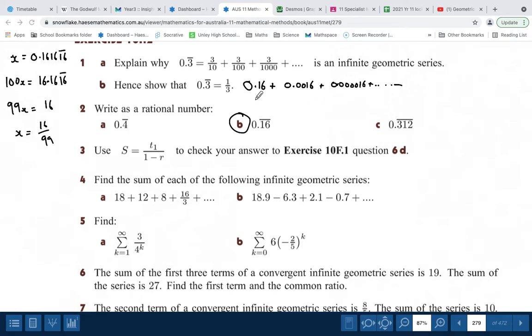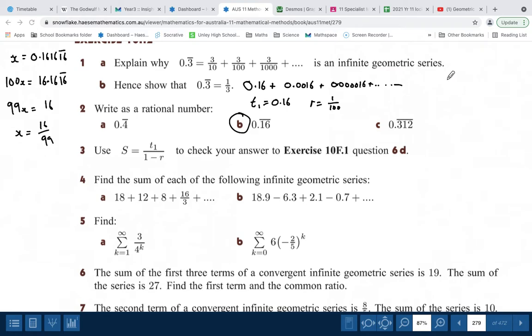What's happening here is that T1 is 0.16 and the R value is 1/100th. That's how I'm getting between those terms. That's what we're multiplying, right? Now, if we want to write this recurring decimal, this series would have to go on forever.